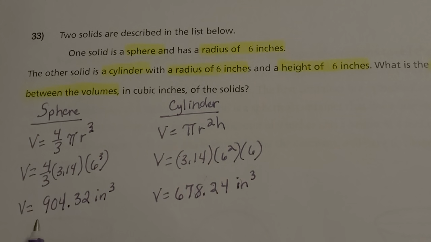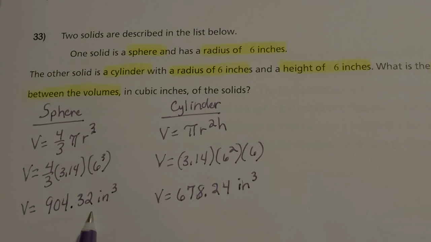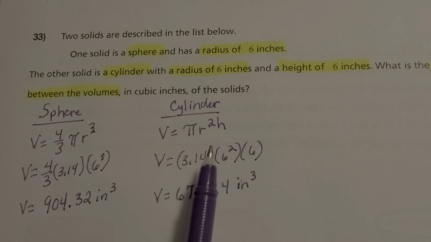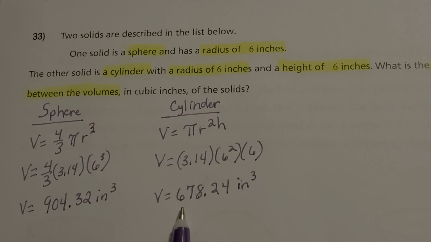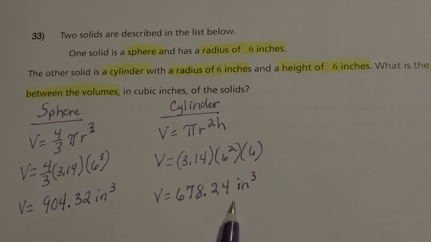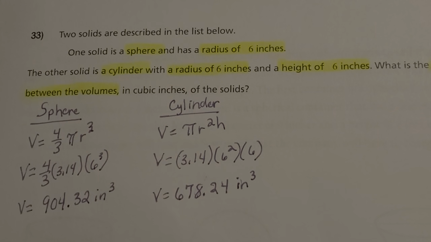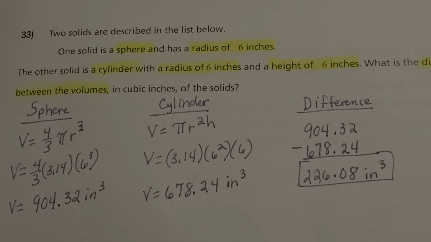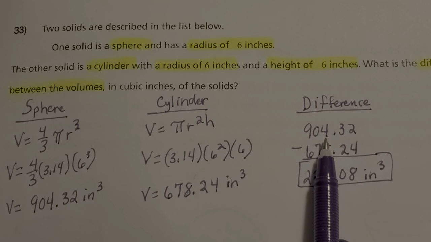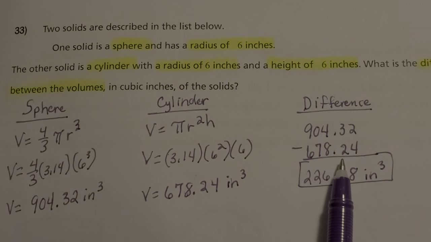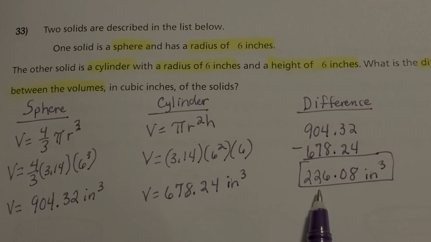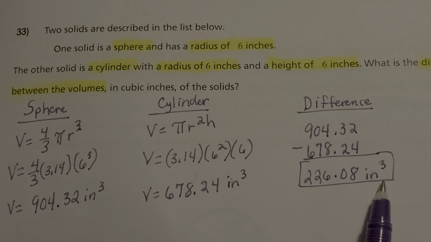The volume of the sphere turns out to be 904.32 cubic inches. The volume of the cylinder turns out to be 678.24 cubic inches. But it asks me to find the difference. To find the difference, we subtract 904.32 minus 678.24 and get a difference of 226.08 cubic inches.